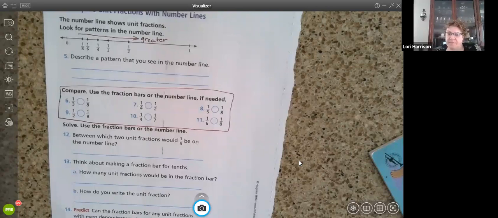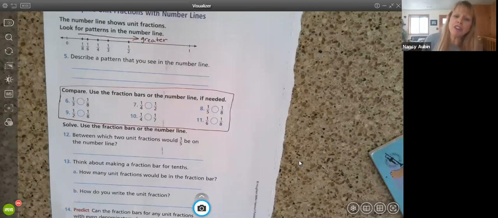Once you have them written down, go ahead and solve it. Which do you think are greater? If you've done that, give me a double thumbs up. You already have that figured out.